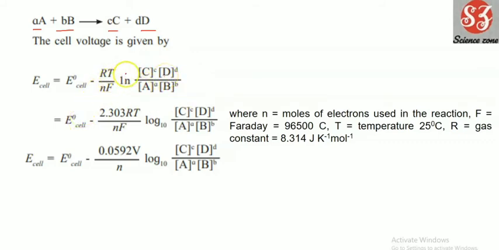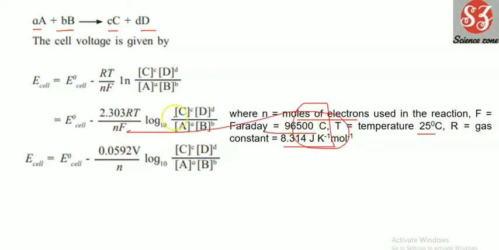Now you can remove this ln by multiplying this whole value by 2.303, so it becomes E0 of cell minus 2.303 RT upon nF log to the base 10 of concentration of product divided by concentration of reactant, where you know that n is moles of electrons, F is 96500, T temperature is 25 degrees Celsius, and R is the gas constant, that is 8.314 joule per Kelvin per mole.